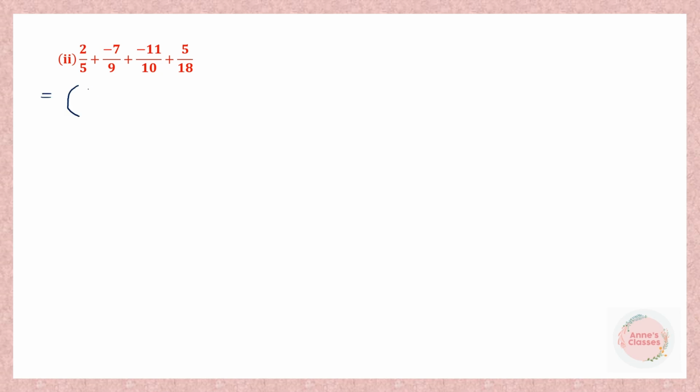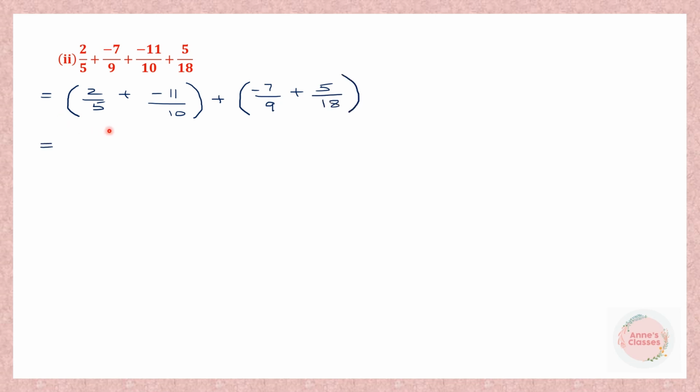So the first one is 2 by 5 plus minus 11 by 10. So this is the first group, and to this we are going to add the second group with denominators 9 and 18. So that will be minus 7 by 9 plus 5 by 18.